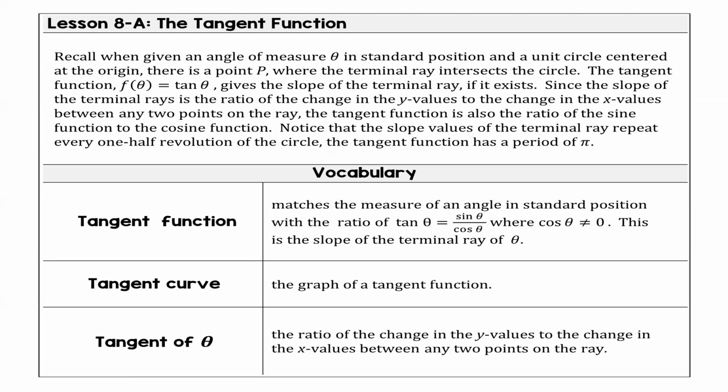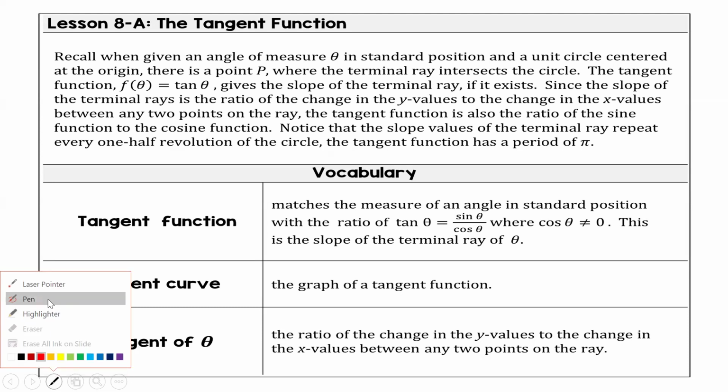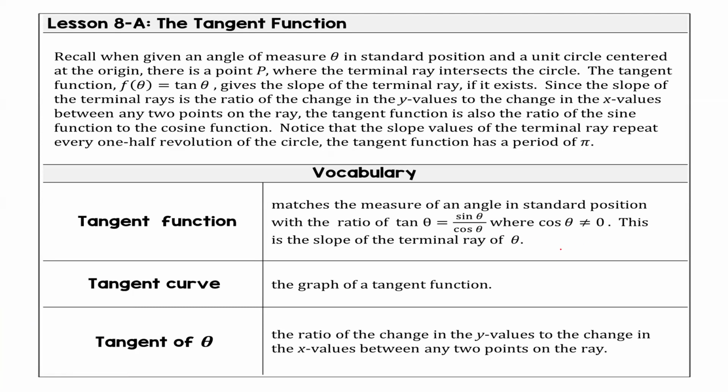And graphically, what would you see? Nothing. What is that nothing called? What is that invisible space called? It's an asymptote. It creates an asymptote at that undefined point. So tangent functions have asymptotes because of that. Because cosine cannot equal 0.